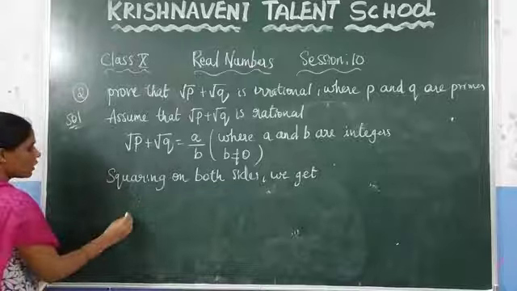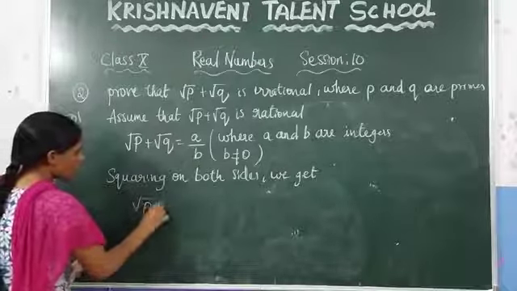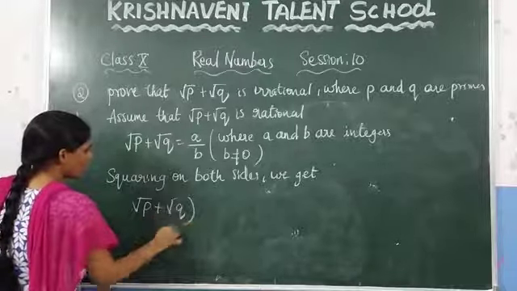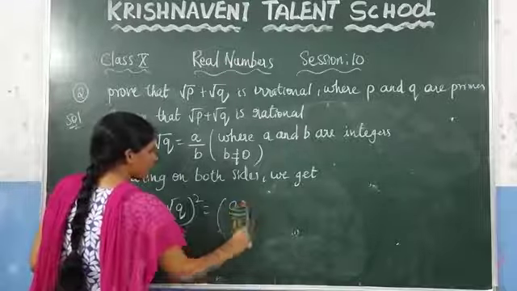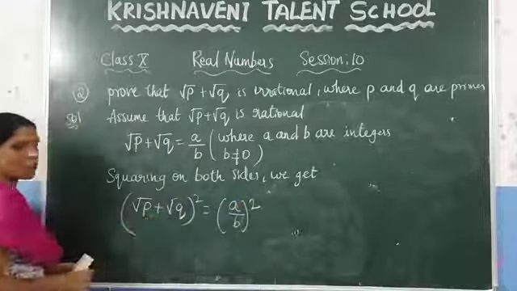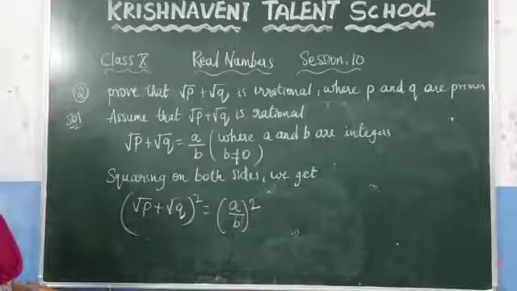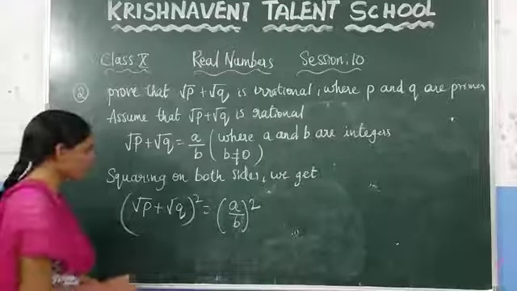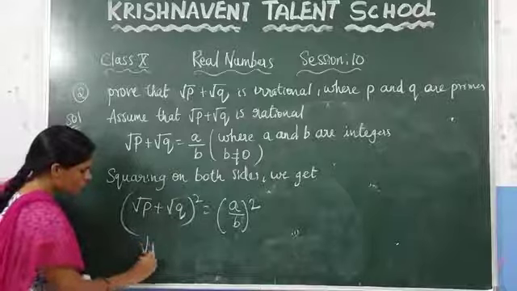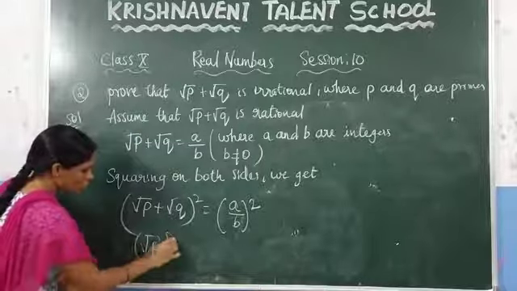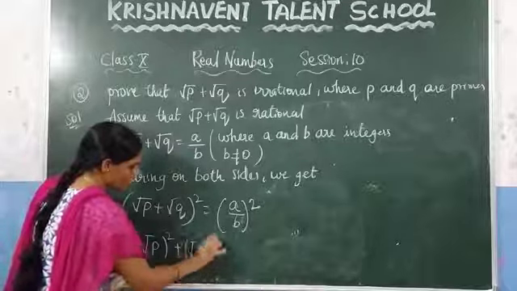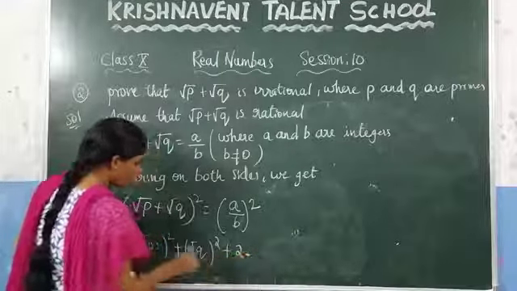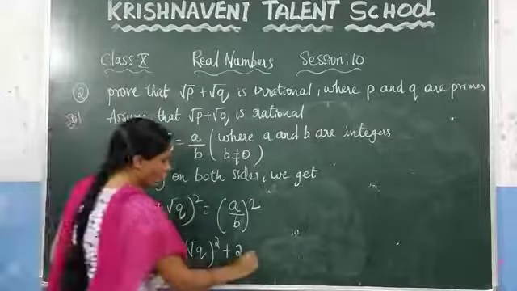So here on squaring on both sides, what do you get? Root p plus root q whole square is equal to a by b whole square. Again, it is in the form of a plus b whole square. What is the formula for a plus b whole square? Which is nothing but a square, which is root p whole square, plus b square, which is root q whole square, plus 2ab, which is 2 into root p into root q.